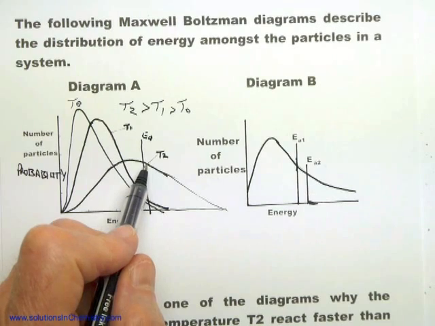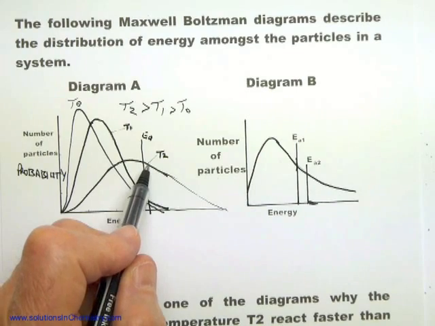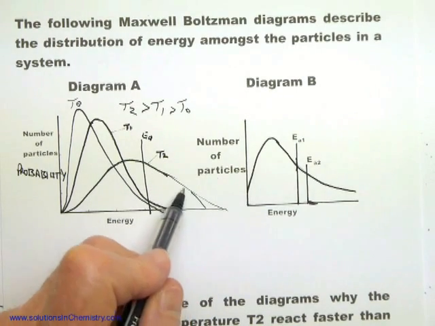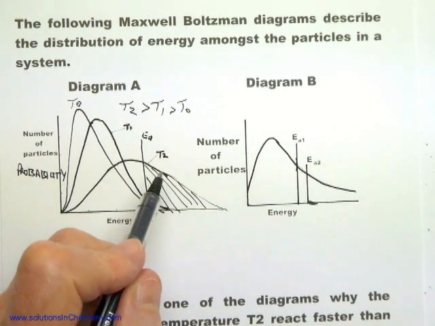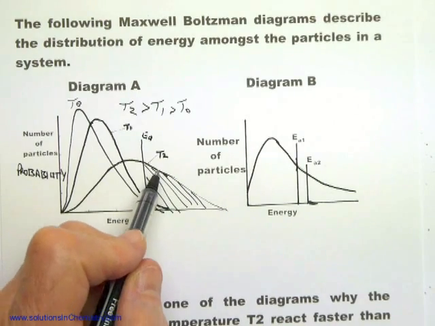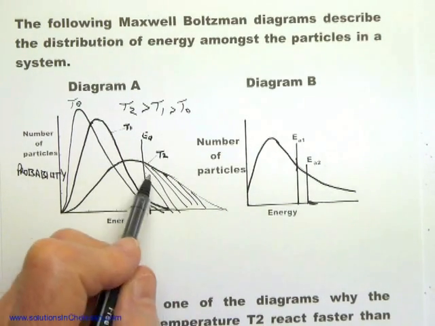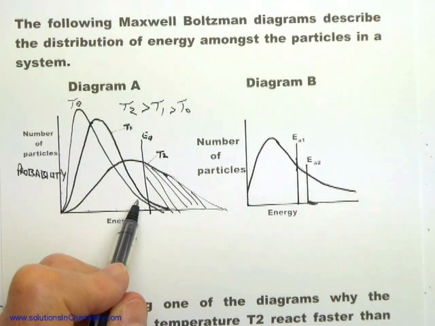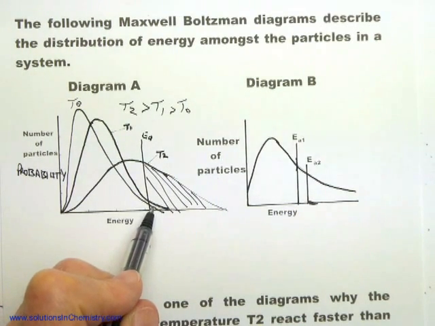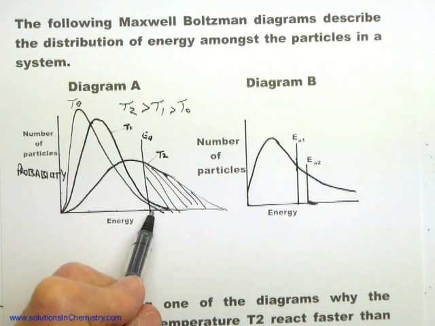All that happens is that the number of particles with an energy greater than the energy of activation, which is in this area, in the case of T2, which has the higher temperature, there are more particles there than in the case of T1, which has a lower temperature, and more particles than in the case of T0, which has even fewer particles.